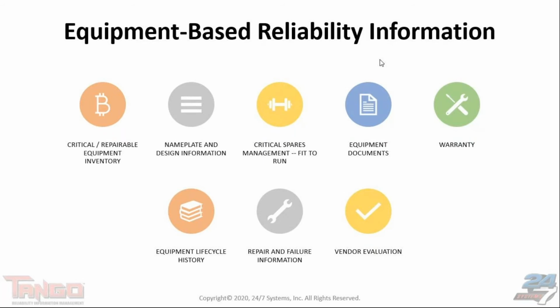And you can also include how effective have my vendors been. Can I spot a repair vendor that's doing a better job at meeting my standards and delivering repaired equipment that delivers longer MTBF versus one that's delivering not so good MTBF?